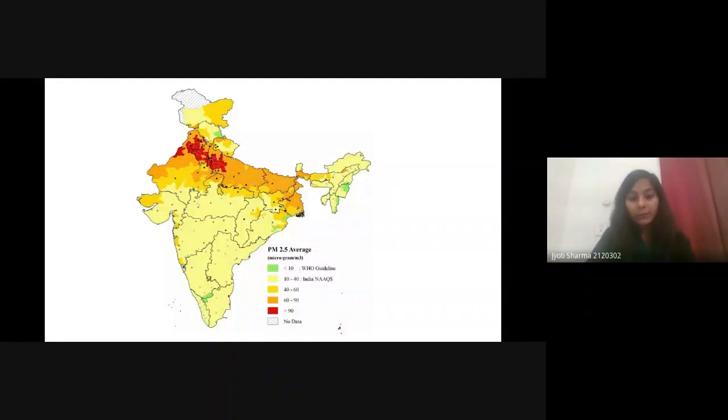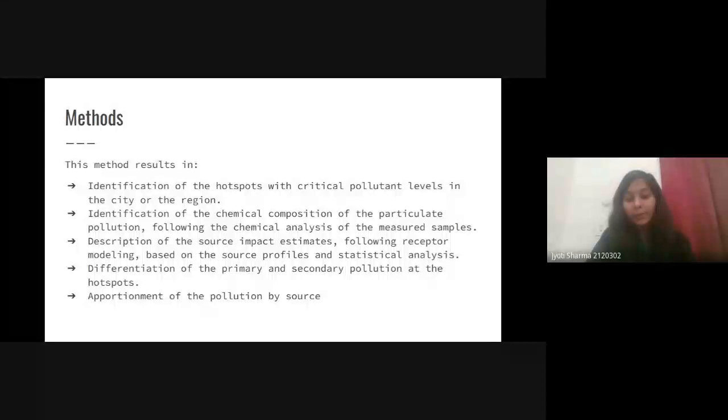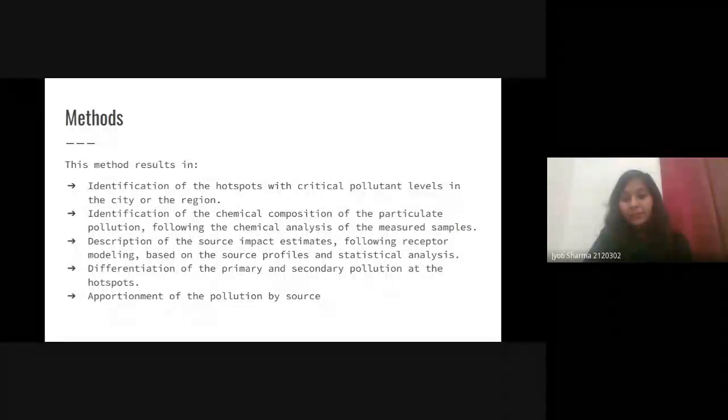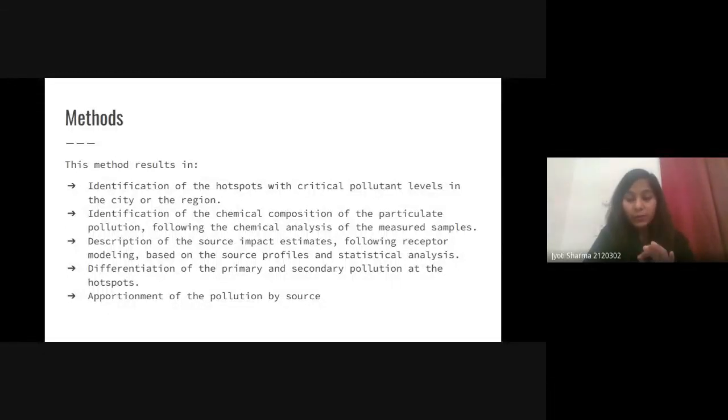Because the pollution is present at some position, but you don't know where it is coming from. So for this calculation, you identify the chemical composition of the particulate pollution, followed by the chemical analysis of the measured sample. You do the sampling from the atmosphere, and after that you get to know the chemical composition of those samples.